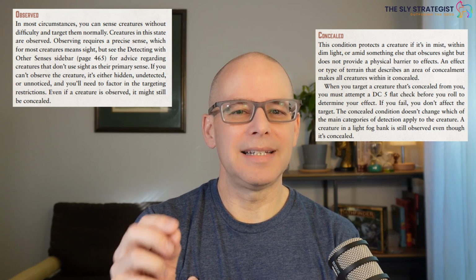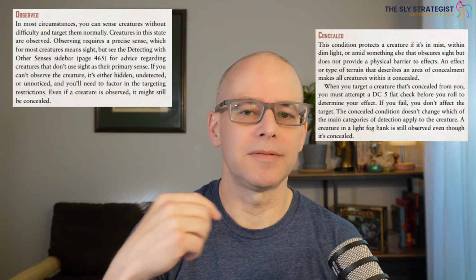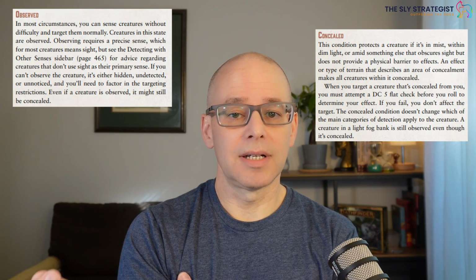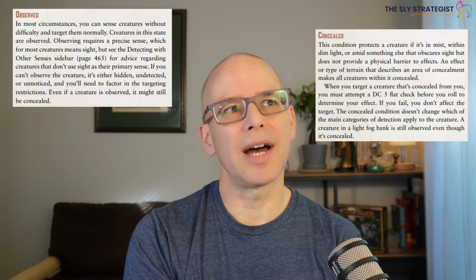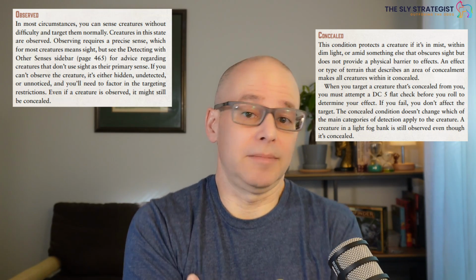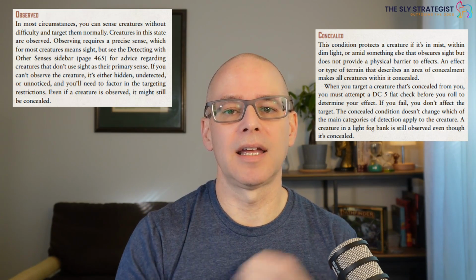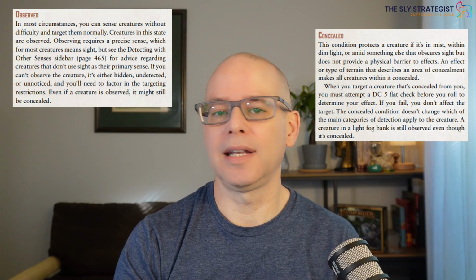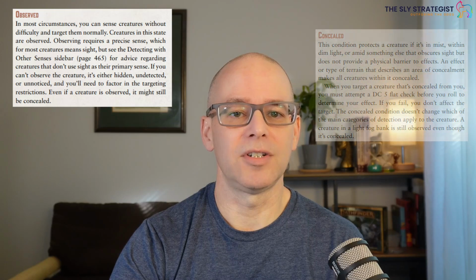So it would only be a DC5 flat check if someone is concealed in an observed state. By using the concealed condition, there's a slight percentage chance that you will not even be able to attack it. So it's a 25% chance with a DC5 flat check. You will need to roll that flat check to determine whether you can even hit that creature to begin with, before the attack roll even comes into effect.